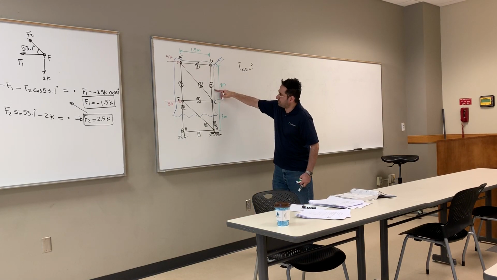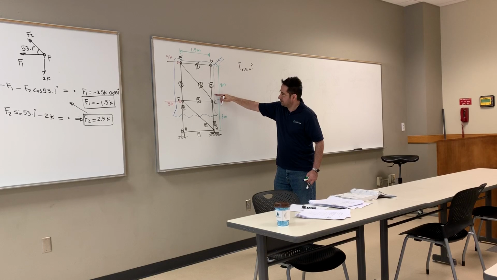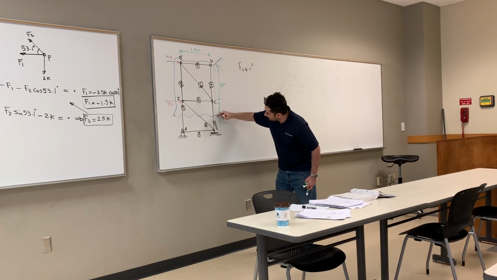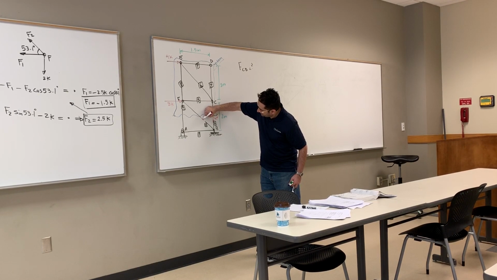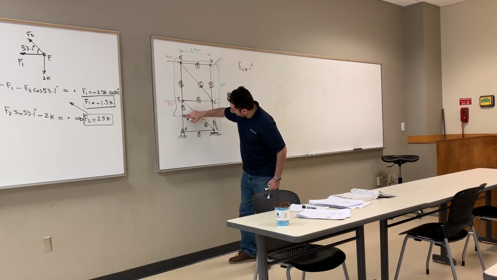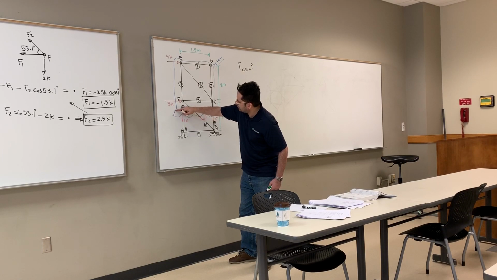So you can start from a point and try to circle it. The first thing you got is F3, force in this member, F3. Next thing you got is F2. Now you move here, the next thing you got is F4. See that? And you continue.